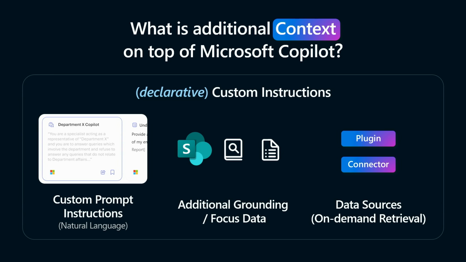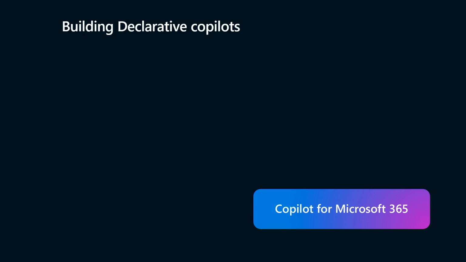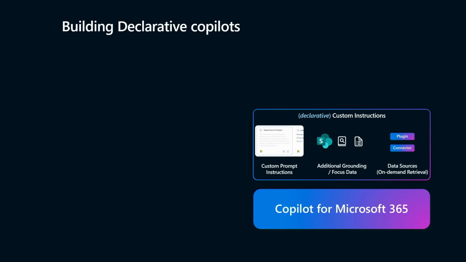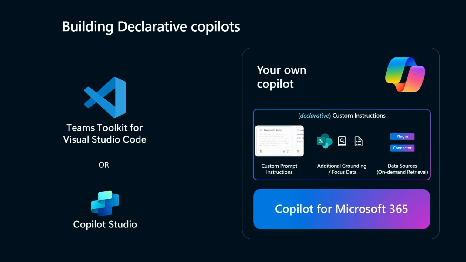What I want to actually show you after this is that you can encapsulate that into a single Copilot experience on top of Microsoft 365 Copilot and deploy that as your own Copilot. Let's look at VS Code.